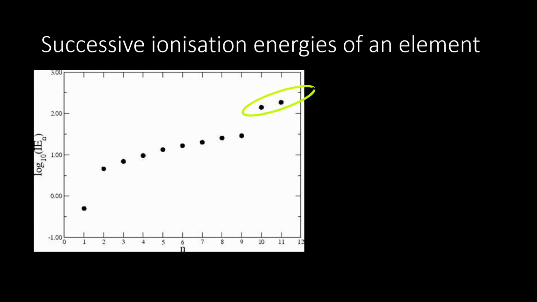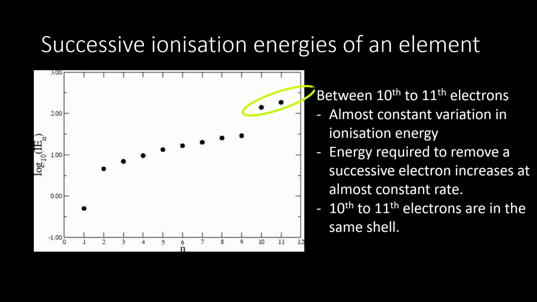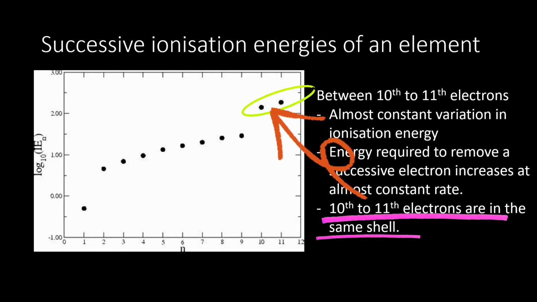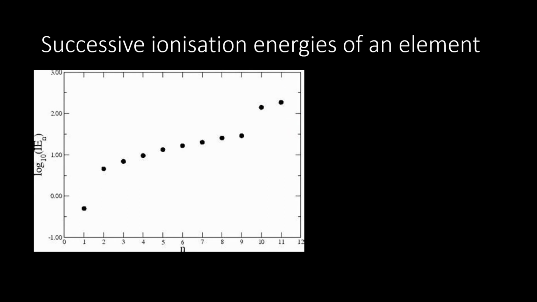Between the 10th and the 11th electrons, once again the variation in ionization energy is almost constant, and therefore we can conclude that the 10th to the 11th electrons are in the same inner shell. From the deductions that we made just now, could you tell me which one is the outermost shell? Why? Must remember that the outermost shell refers to the shell that is furthest away from the nucleus.